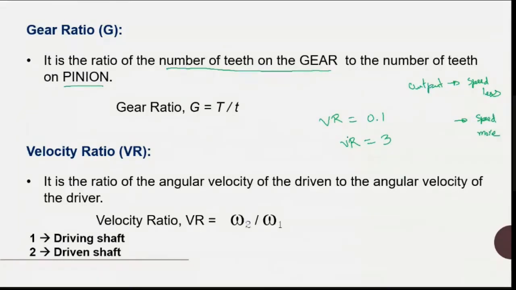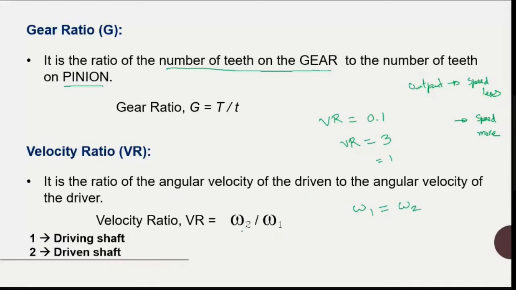So it is reversed. What happens if it is 1? Both are the same. Output speed and input speed are both the same, which means the two gears have the same diameter. If it is 1, I can say that omega 1 is equal to omega 2.